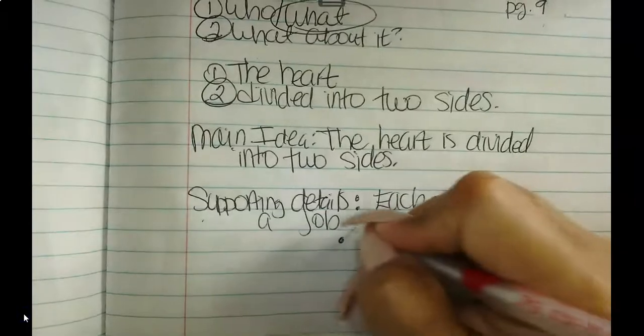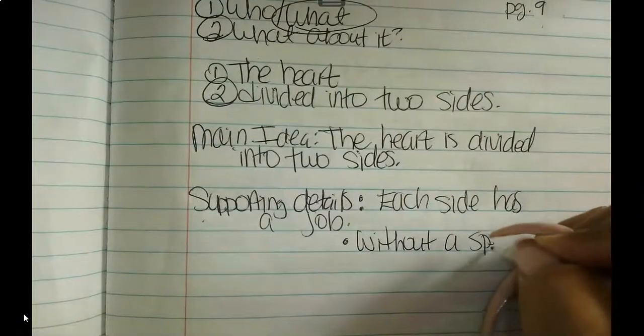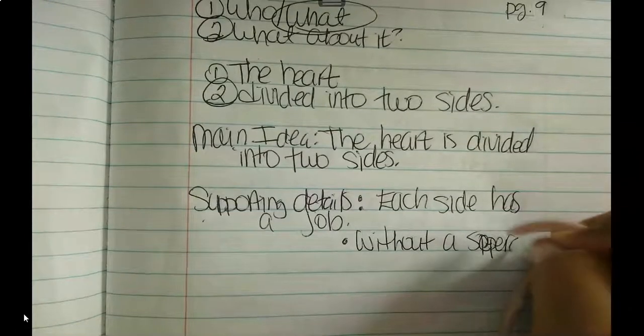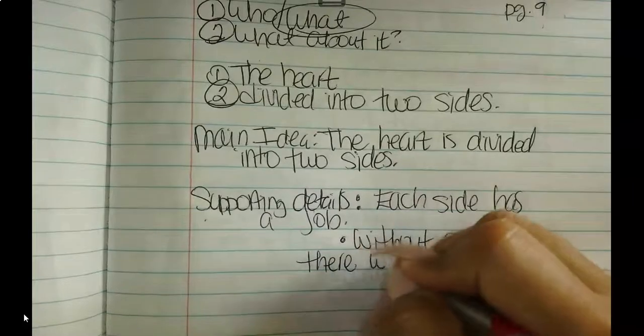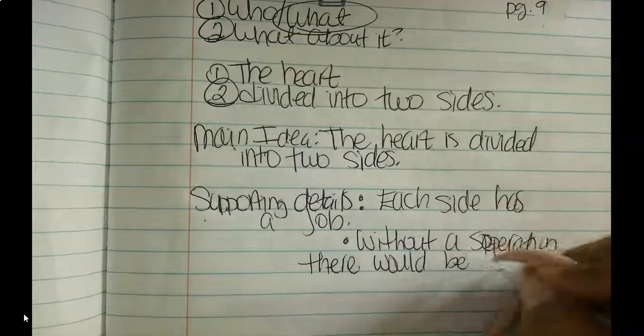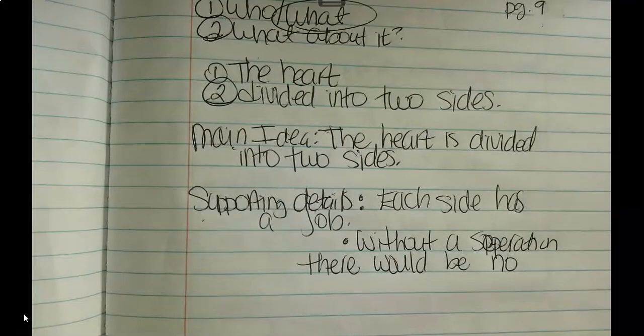So here we're going to write, without a separation, there would be no what? No flow of red blood cells delivering oxygen.